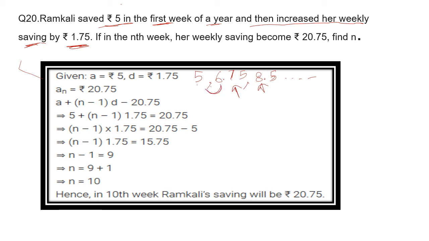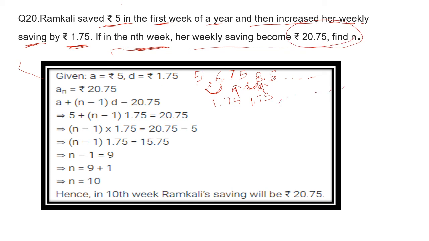She is increasing her savings by 1.75. Here the difference is 1.75 after every week. So what has been asked here? If in the nth week, after some weeks, her weekly saving becomes rupees 20.75.